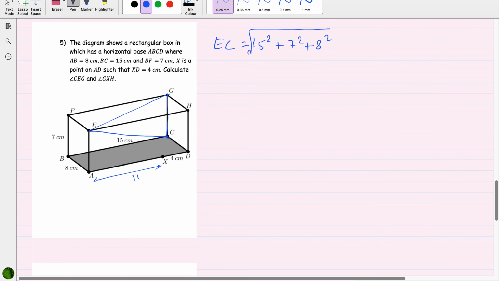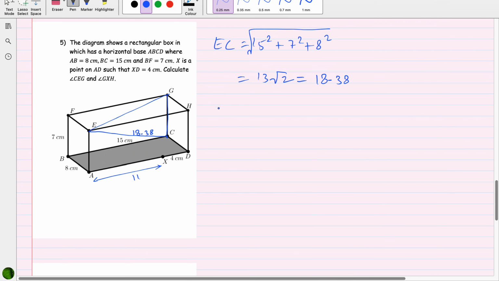You can first find CF and then again apply Pythagoras theorem, but if you are given 3 dimensions, this formula gives the diagonal length. So 15 squared plus 7 squared plus 8 squared is 338, and the square root of that is 13 root 2, which is 18.38. So I know the length of CE, that is 18.38.